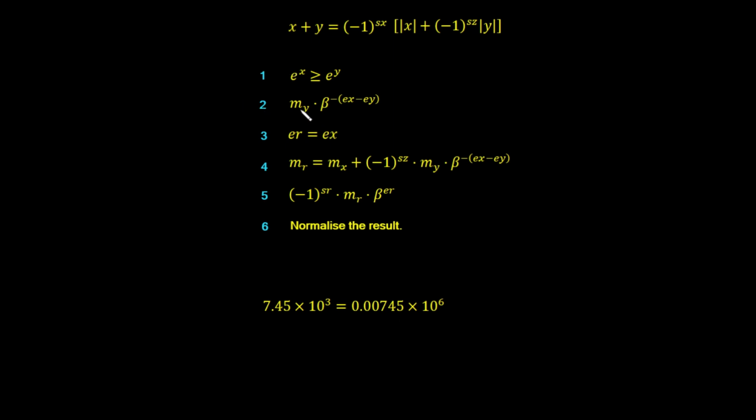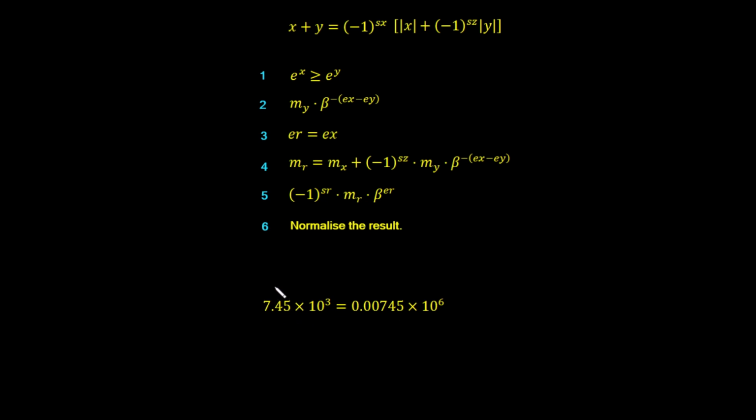We're also going to have to decrease the value of the mantissa. And this is a little equation here that tells us how to decrease that. So let's say, for example, we had the number 7.45 times 10 to the 3, and we increased the exponent by 1000, so that would then go from 10 to the 3 to 10 to the 6. Then we would have to decrease this number here by 1000.